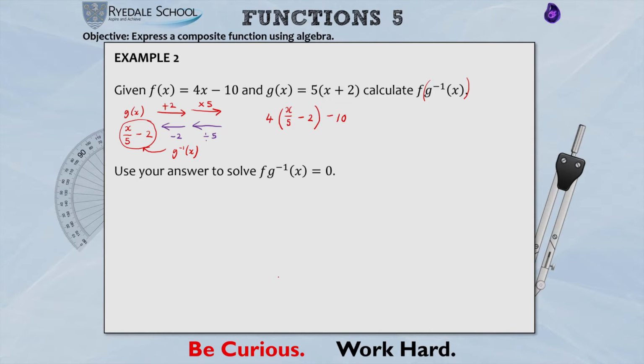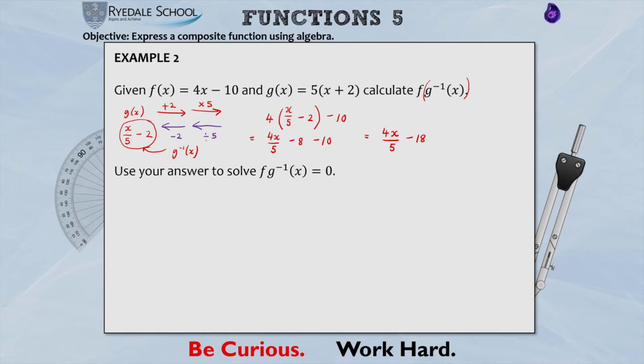Now that's a little bit messy, but it does tidy up. If I have a fifth of x and I'm timesing it by 4, then I just have 4/5 of x, which I can write like that. 4 times negative 2 is negative 8, and then I've got this take away 10. So tidying up even more, 4x over 5 take away 18.